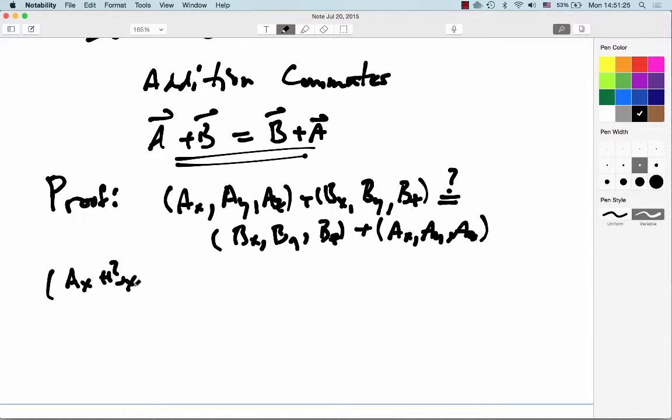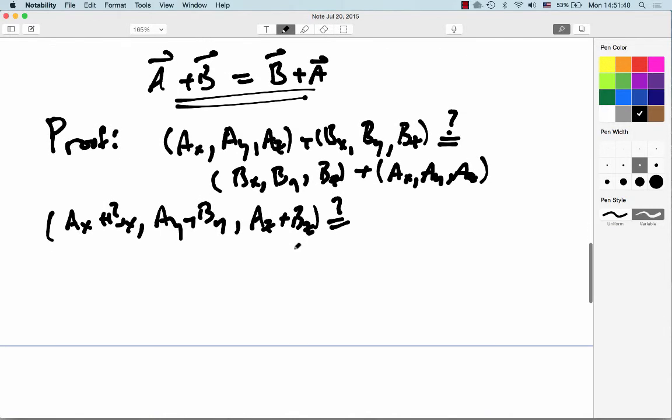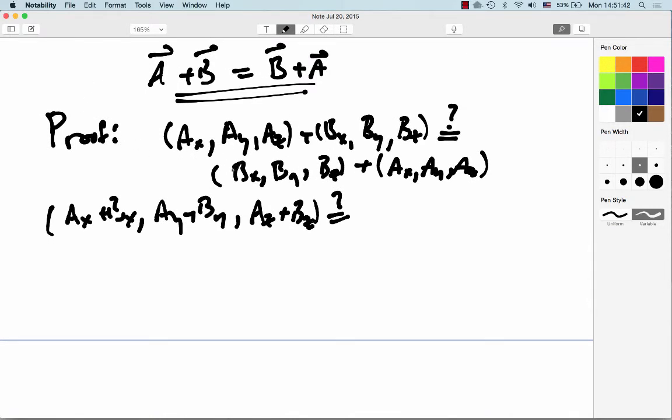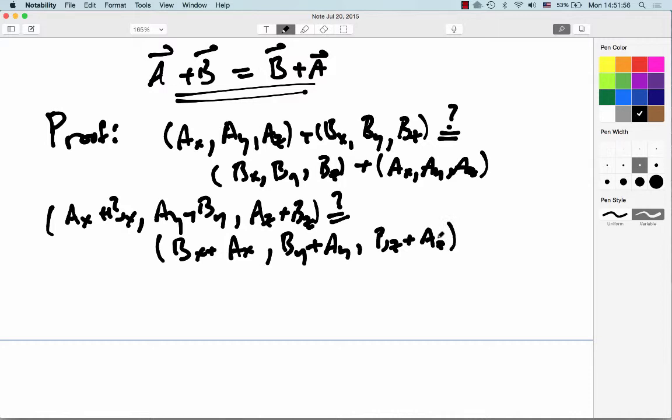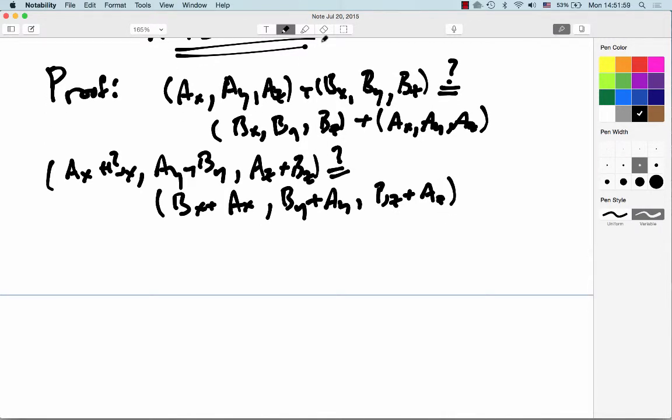So that will be our next step. AX plus BX, comma, AY plus BY, comma, AZ plus BZ. And we're still trying to figure out if that equals, okay, what do we have on the other side? There'll be BX plus AX, comma, BY plus AY, comma, BZ plus AZ.